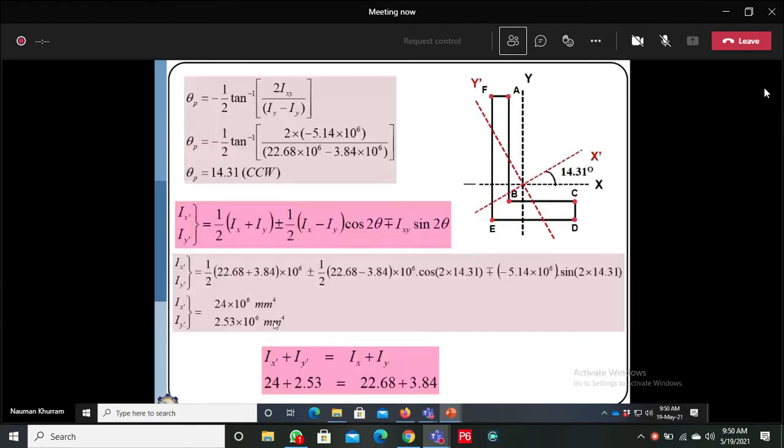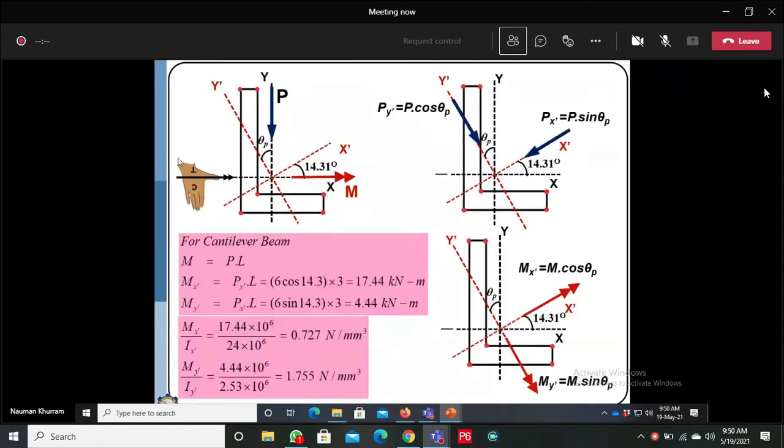So what are we supposed to do using our right hand? If the moment is acting about the x axis, we assume this x axis becomes the neutral axis. The bottom part must be in compression and the top part in tension. So you need to place the fingers of your right hand on the compression side. The direction of the thumb will be the direction of the moment vector.